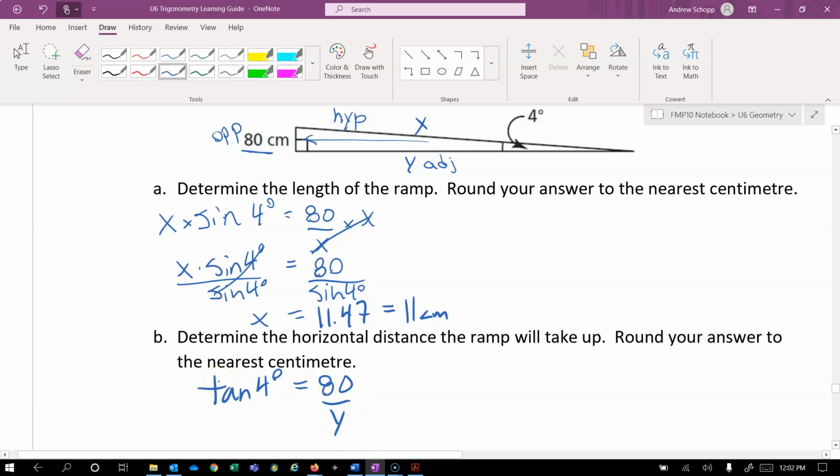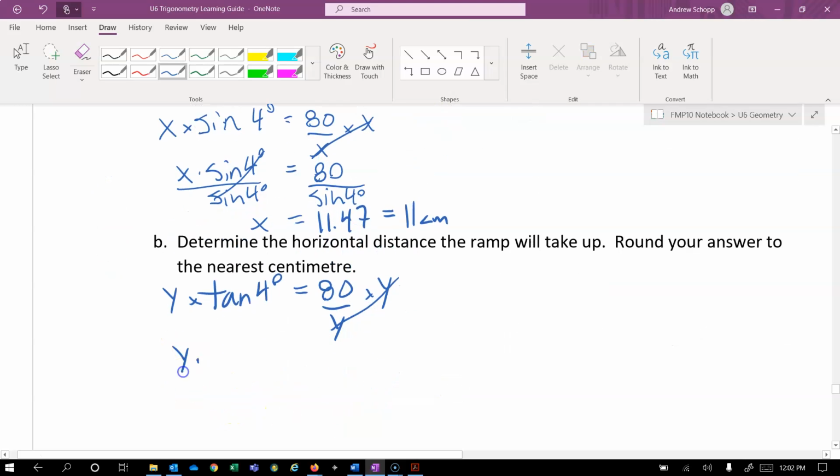And same idea, multiply by y on both sides. Now we need to divide by the tangent of 4 degrees. And y is equal to 80 divided by the tangent of 4, which gives us 1,144 centimeters.